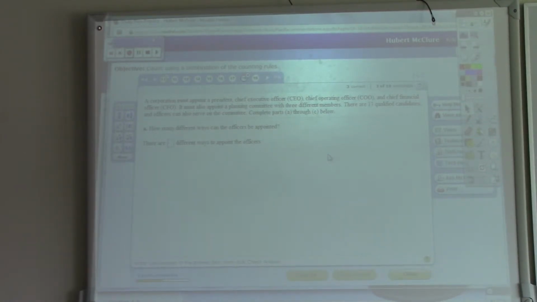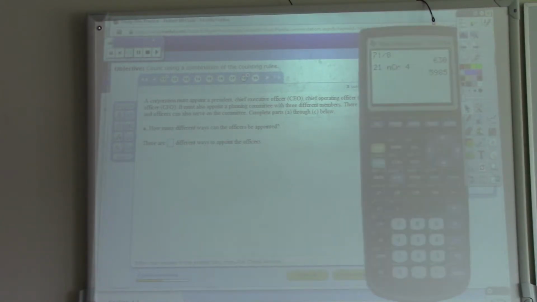Because it's in order, and it would be 17 permutation of 4. That gives 57,120.